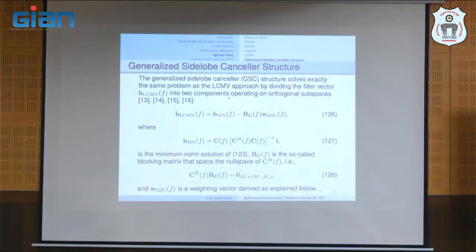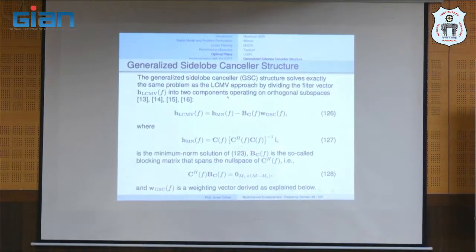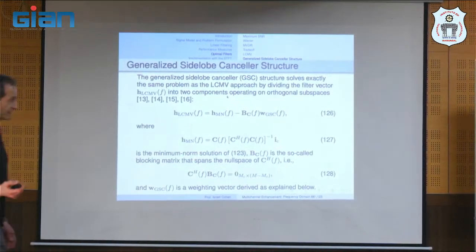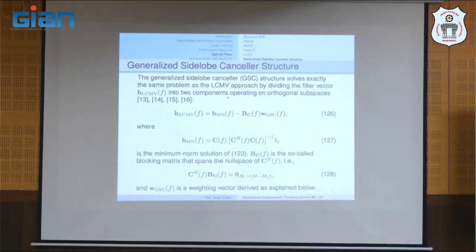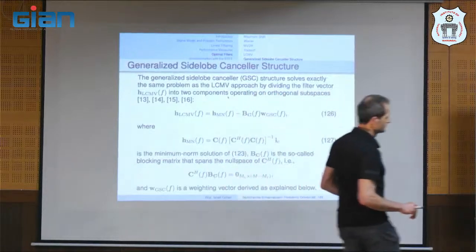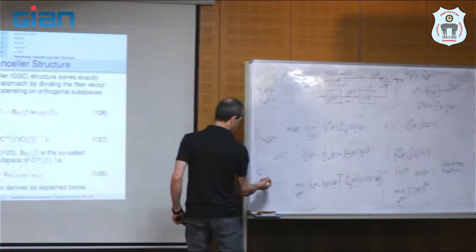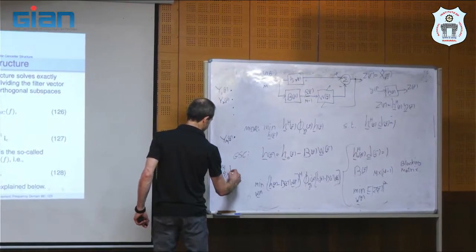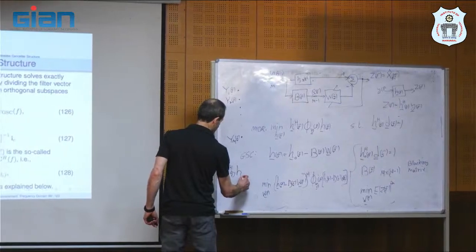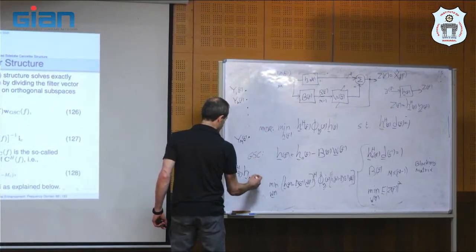Okay, for the minimum norm solution, we just need to satisfy the constraint. So for the LCMV, what is the constraint? The constraint looks like C, the matrix of constraints, times H minimum norm, or H0 as we called it here. It doesn't really matter.